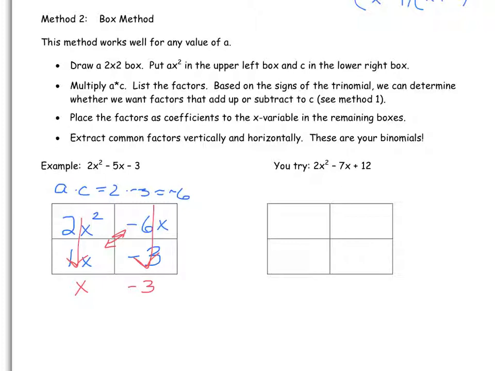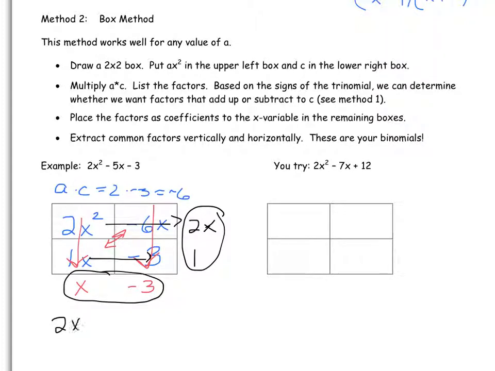Now going to the right, the common factor of 2x squared minus 6x would be 2x. And the common factor of that horizontal would be 1, because there isn't a common factor between 1x and 3. So what that ends up being is 2x plus 1 and x minus 3. And that's factored.